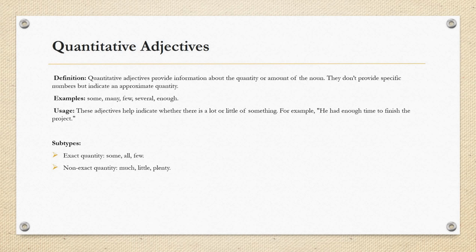Non-exact adjectives indicate a sense of abundance or scarcity, as in much effort was needed, offering a general perspective on the amount. Quantitative adjectives often help in setting expectations by conveying how much or how many without exact values, allowing readers to understand a general scope.